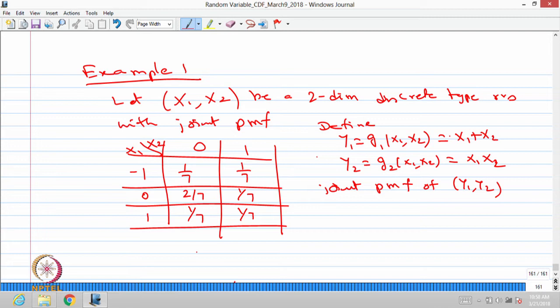Since it is a discrete type, you can make a table: y1, y2. Since x1 takes a value -1, 0, 1 and x2 takes a value 0 and 1, y1 takes a value -1, 0, 1 and 2.